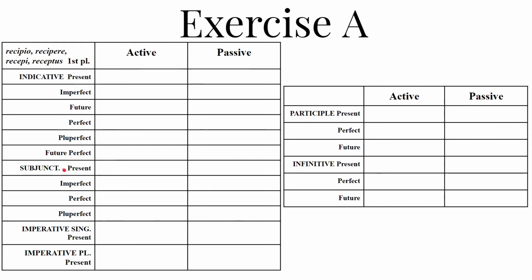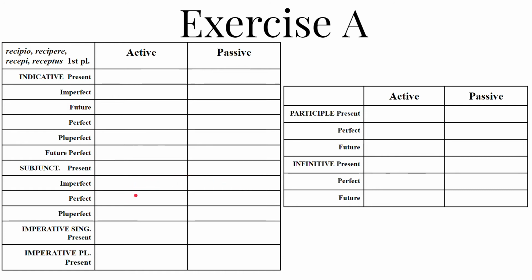For the subjunctive, present active, we have the present stem recipi, add the A and the personal endings: recipiamus. Passive is recipiamur. For the imperfect, reciperemus. Passive, reciperemur.